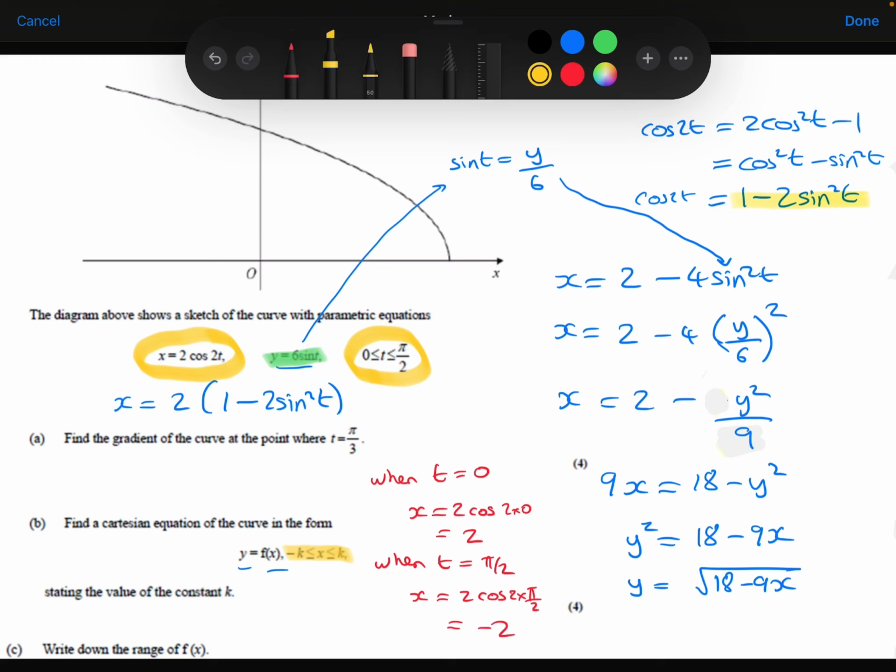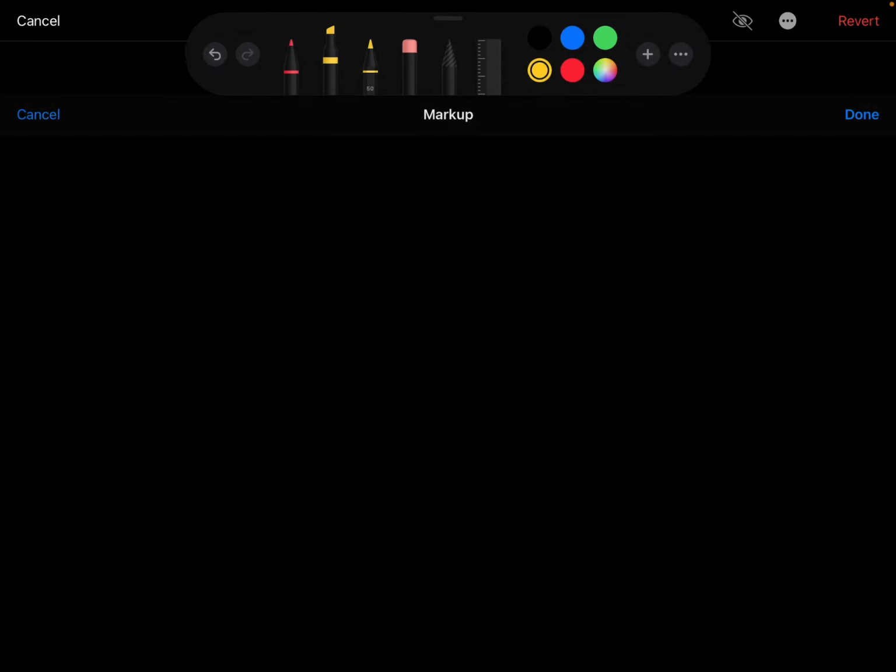So x has to be between minus 2 and 2. So k is 2. The other way of answering that is just to look at the inside here, 18 minus 9x, and work from there.